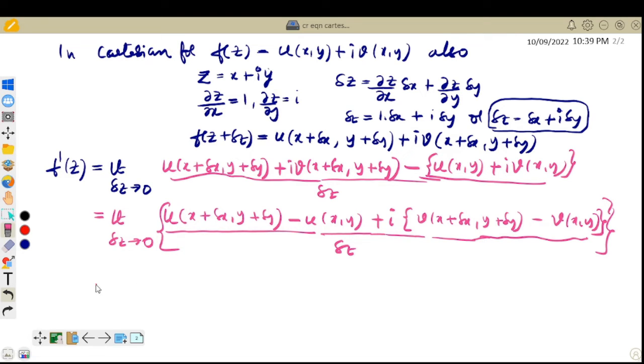So first I will write Δz separately. Then I am going to write limit of a sum.